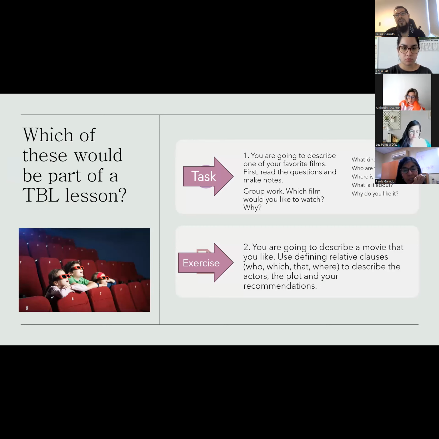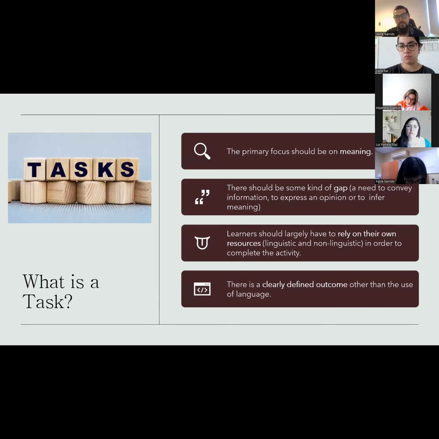If you take a look at the task, there is no instruction in terms of what type of language they have to use. They need to use their own resources, whatever they have available. So that's why it is said that in TBL, there's more freedom in terms of language instruction. It's not that framed.